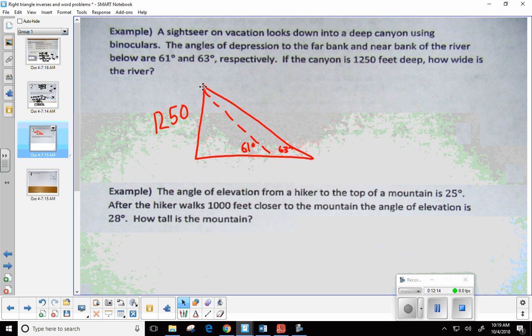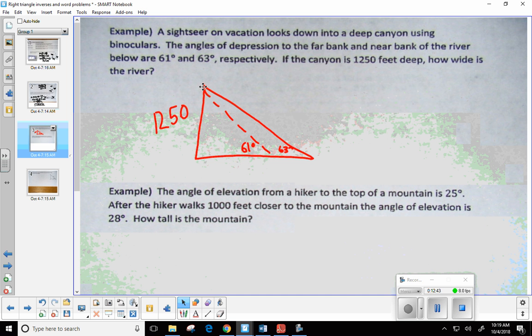Nice. The only thing that is different is that it says the angle of depression, right? And so the angle of depression goes down. Thank you. Okay. And forward. Who is forward? Oh, yes, you're outside.